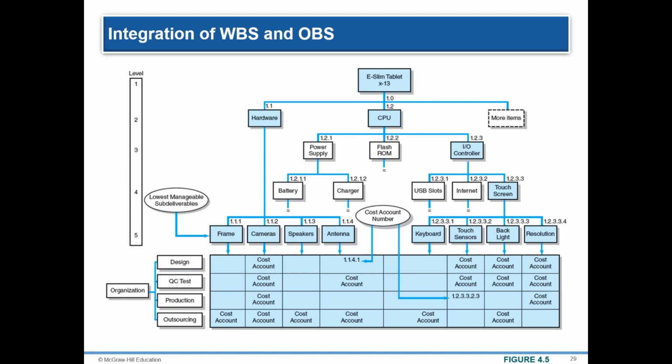Later, we will use the intersection as a cost account for management control of the project. Control can be checked from two directions, outcomes and responsibilities. In the execution phase of the project, progress can be tracked vertically on deliverables and tracked horizontally by organization responsibility.